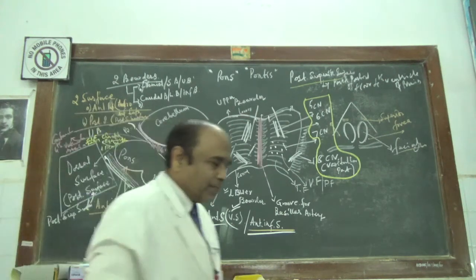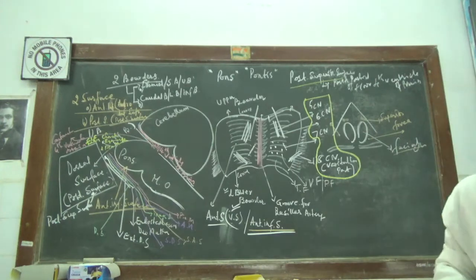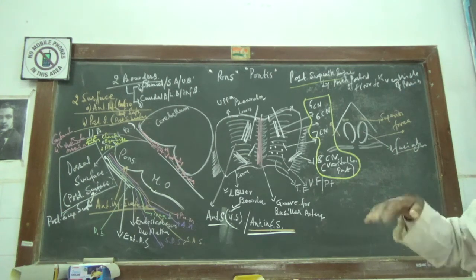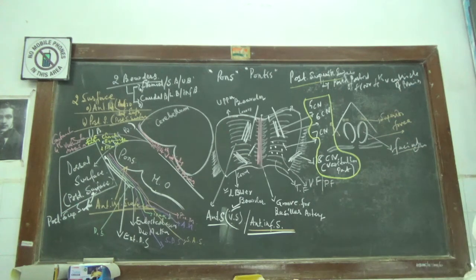This is important. The major thing you have to remember when explaining either the borders or the surfaces of any part of the brain stem, or any part of the brain separately, is to deal with the relations along with the borders or the surfaces.